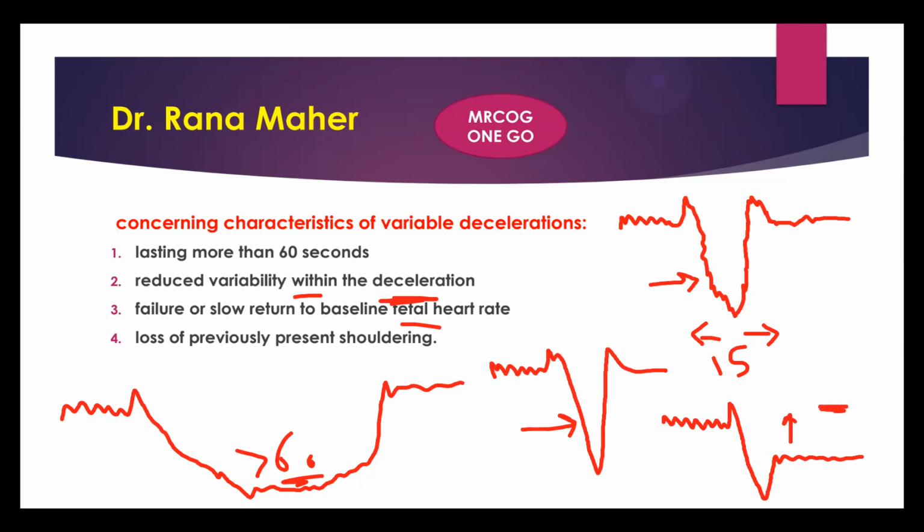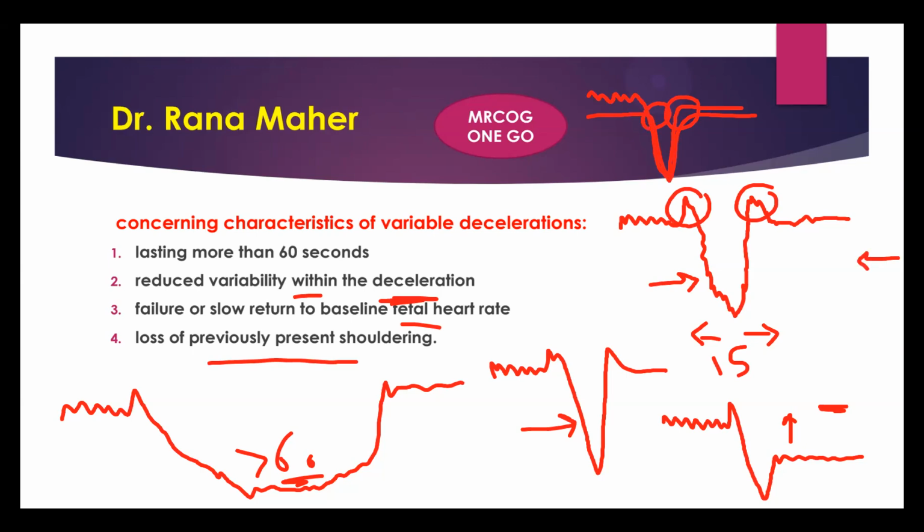Loss of previously present shouldering. So this is the shoulder, a slight increase in the baseline fetal heart rate just before the deceleration and immediately after, and then it will continue like normal. So if we have the baseline, and then the deceleration like this without shoulder, at this time, loss of shouldering is a concerning characteristic. So we have this one ideal.